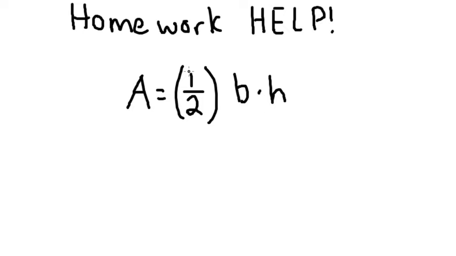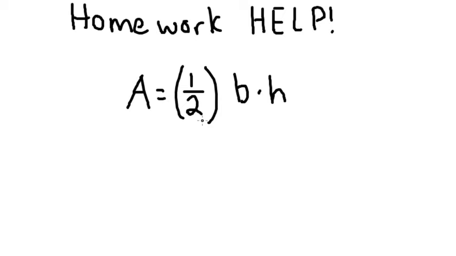So currently we have this 1/2 on the same side as the H, and we have the B on the same side as the H as well. So what we need to do is get those two things over to the other side to isolate our H or get our H by itself.